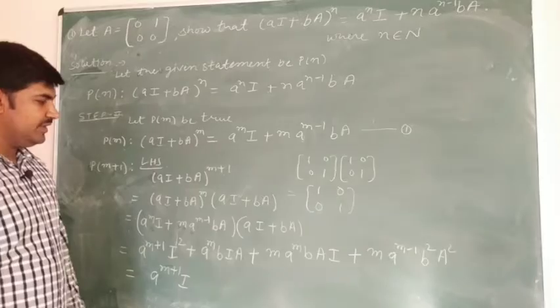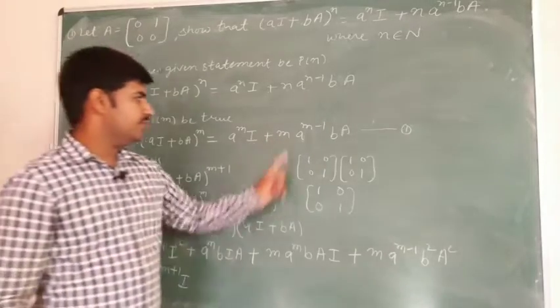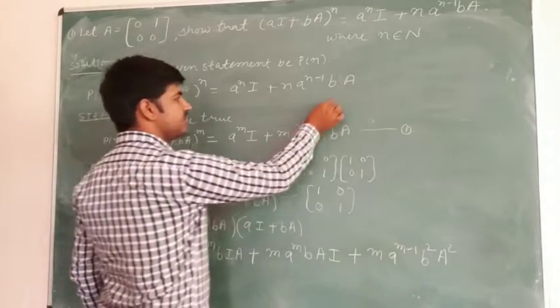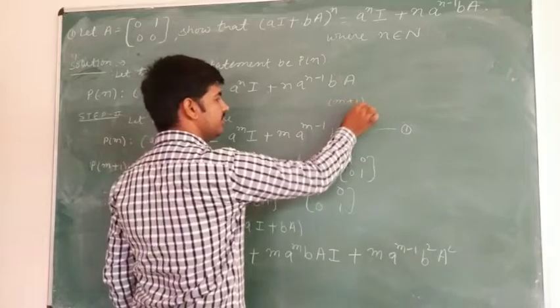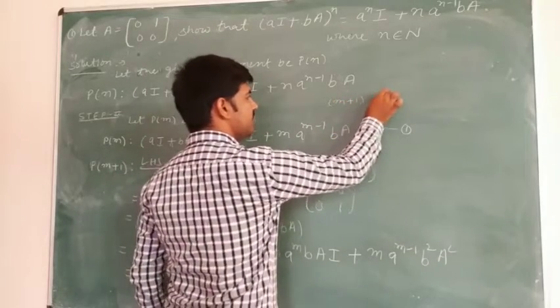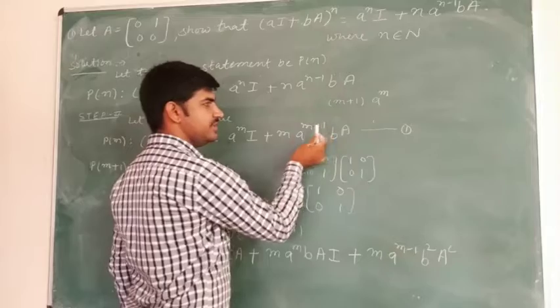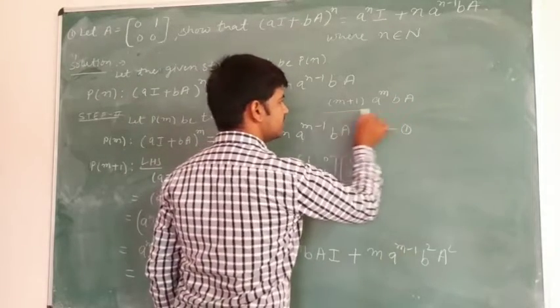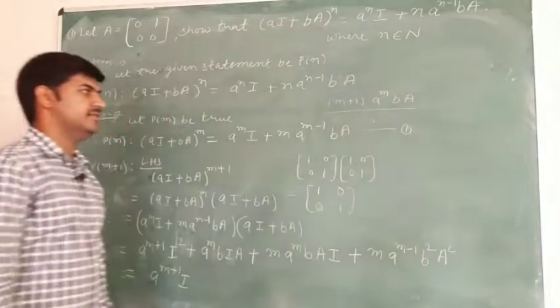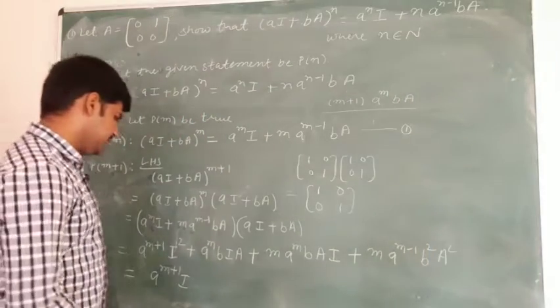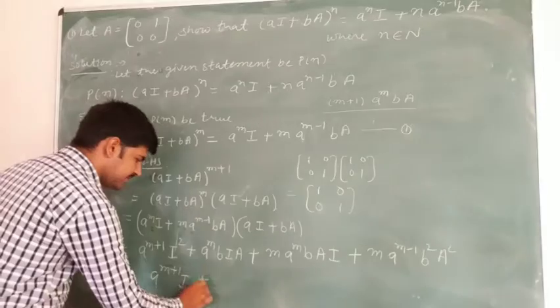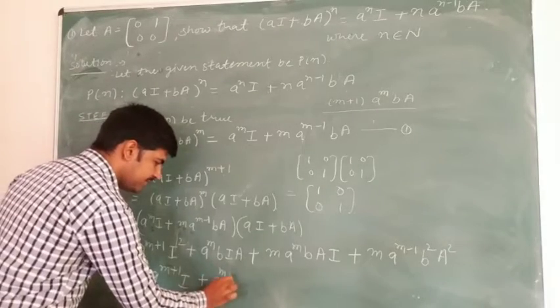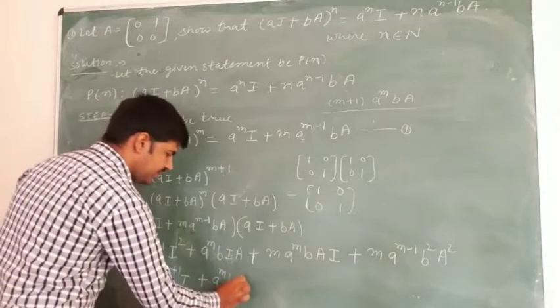Now the next term we need to get is, what is the RHS of P(m+1)? It should be m plus 1 times A raised to the power m plus 1 minus 1, which is m only, B and A. This should be our next term. So here we go, we have plus A raised to the power m B, IA is equal to A only.